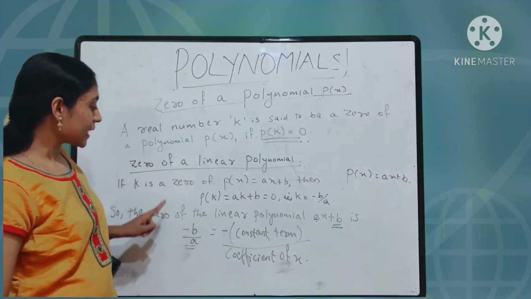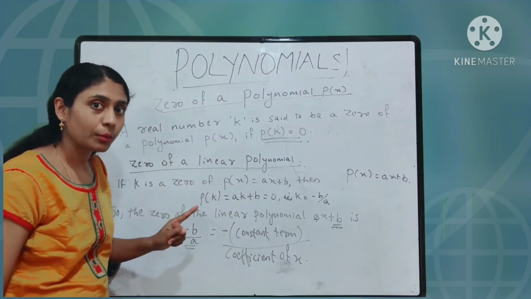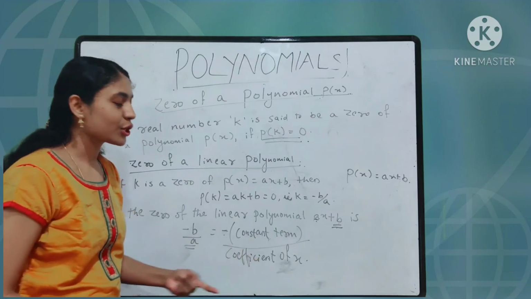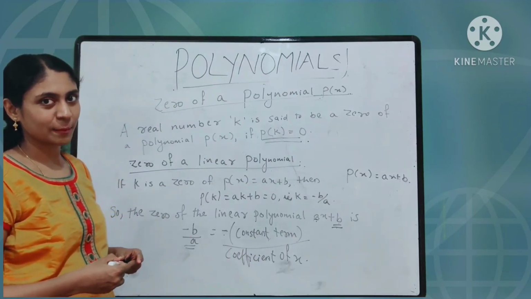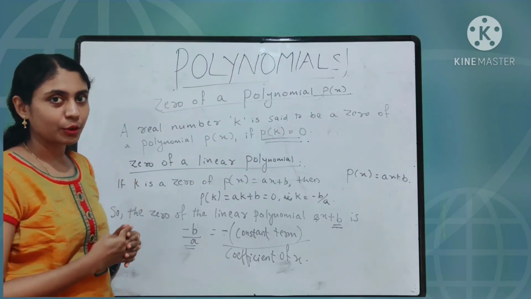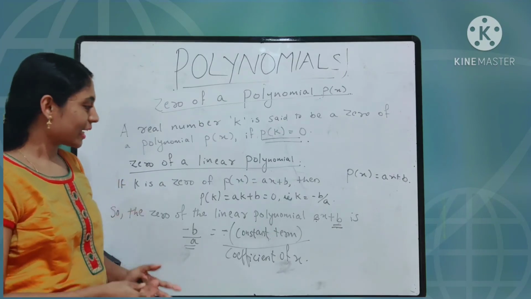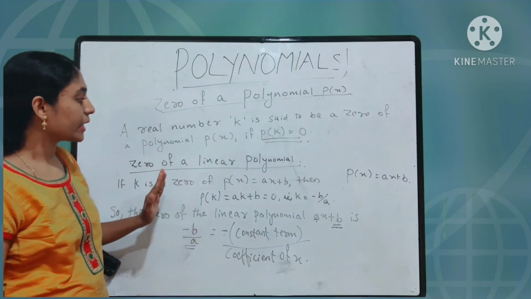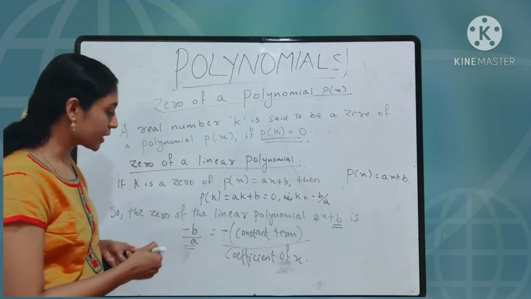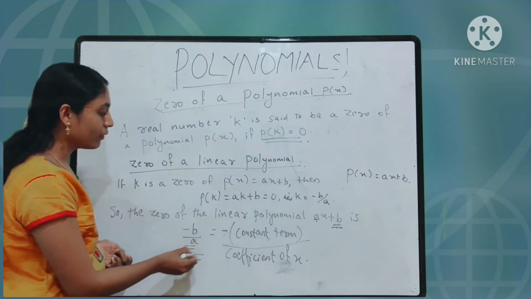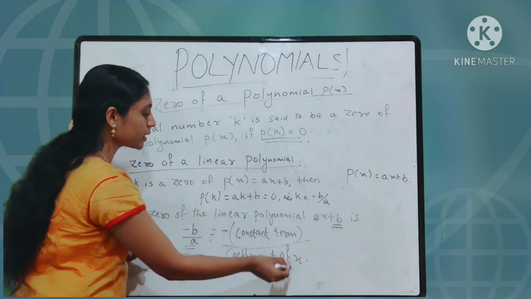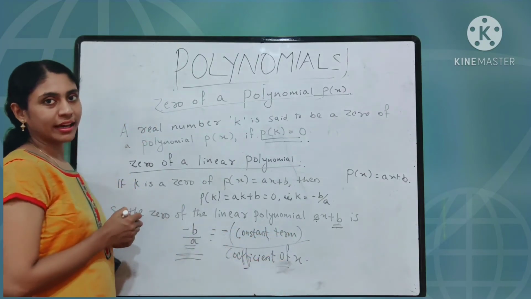So we can say that 0 of a linear polynomial is related to the coefficient of x. Got it? So 0 of a linear polynomial is always related to its coefficient of x, that is minus b by a. So how to find the 0 of a linear polynomial using this formula, minus b by a, which is nothing but minus of constant term divided by coefficient of x.